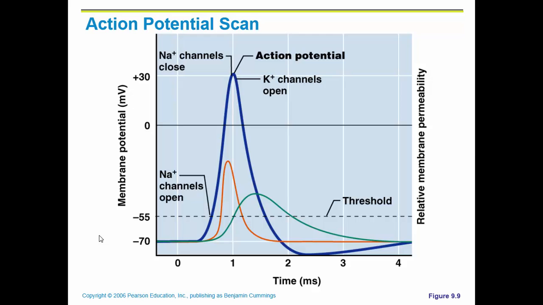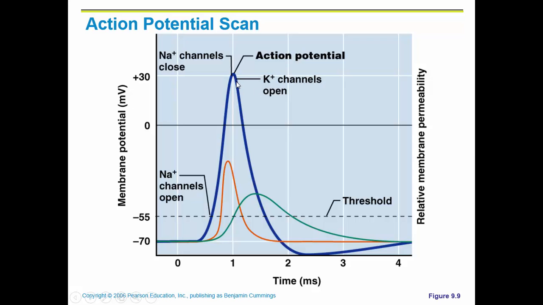So this is what it looks like if we were to look at an action potential and the actual voltage that it takes. So you can see that this is a threshold, and the threshold has to be reached so that those sodium channels can open, because that's the very first thing that happens in depolarization. And then once that sodium starts to rush in, we hit the action potential, and the action potential is going to cause those sodium channels to close.